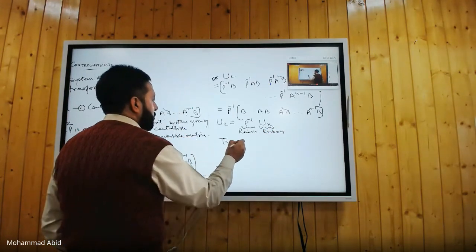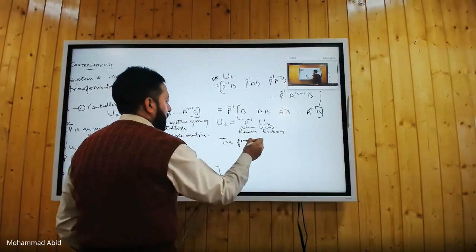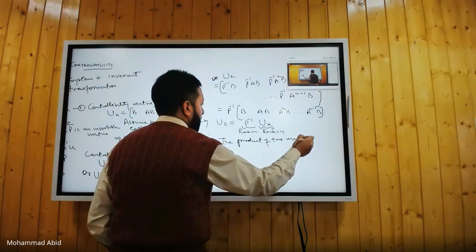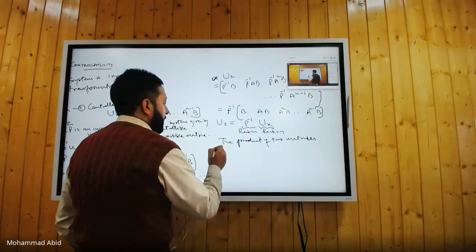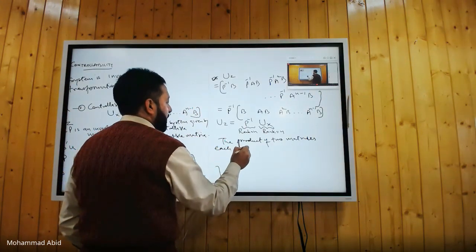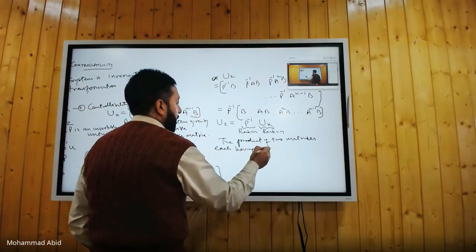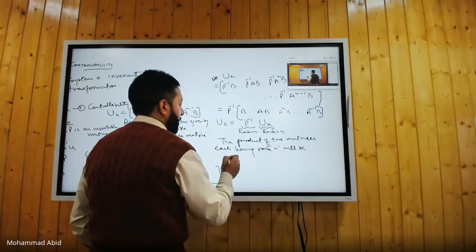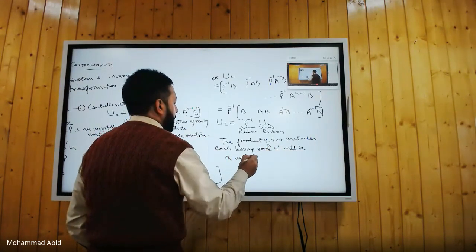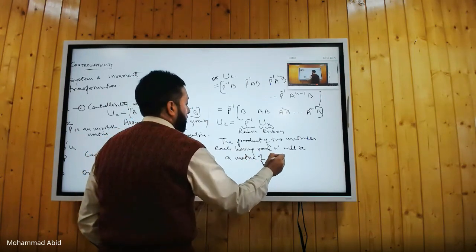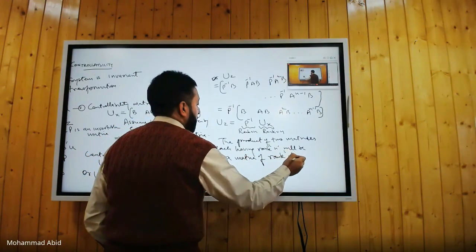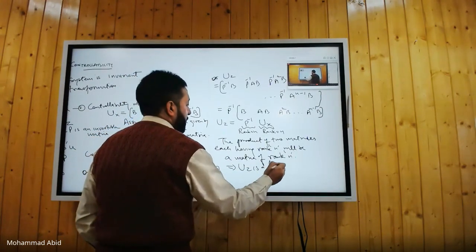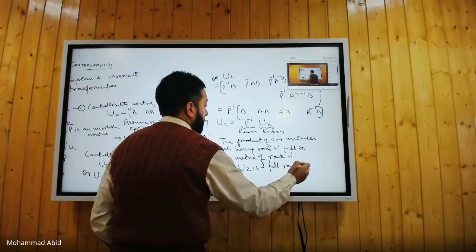The product of two matrices each having rank n will be a matrix of rank n, implying that UZ is a full rank matrix.